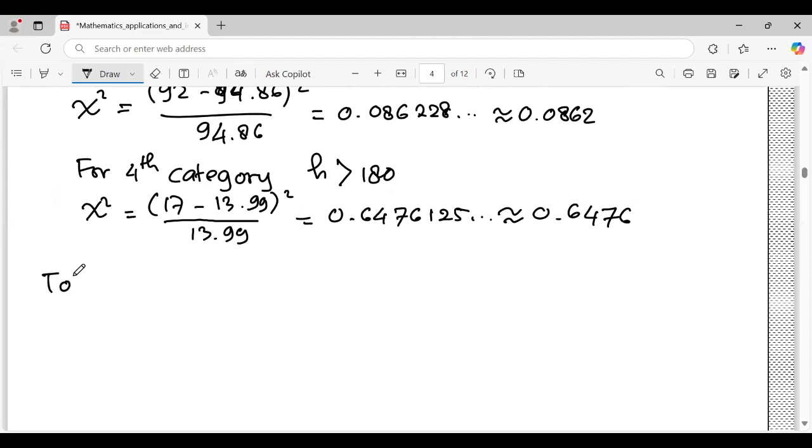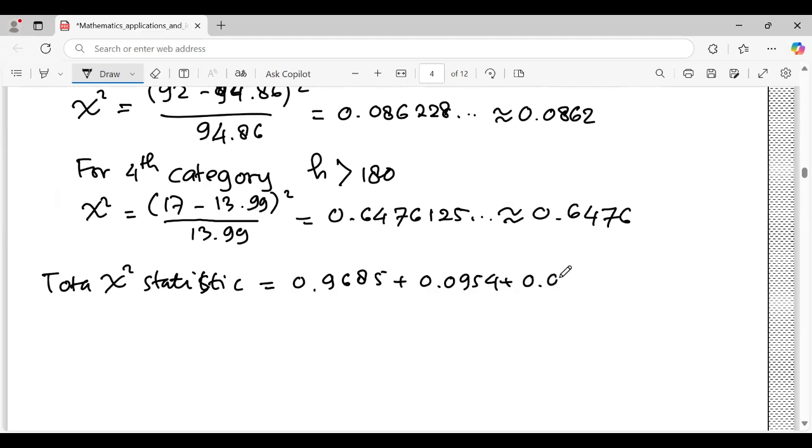And the total chi-squared statistic is 0.9685 plus 0.0954 plus 0.0862 plus 0.6476.